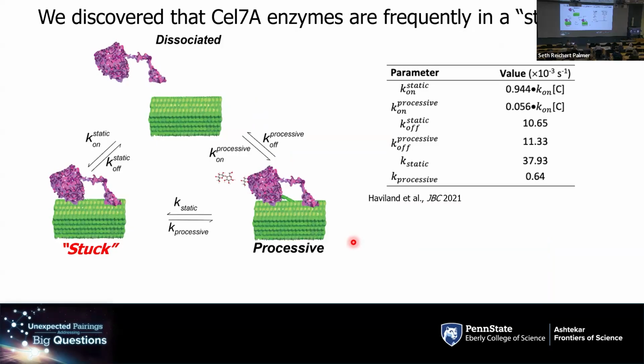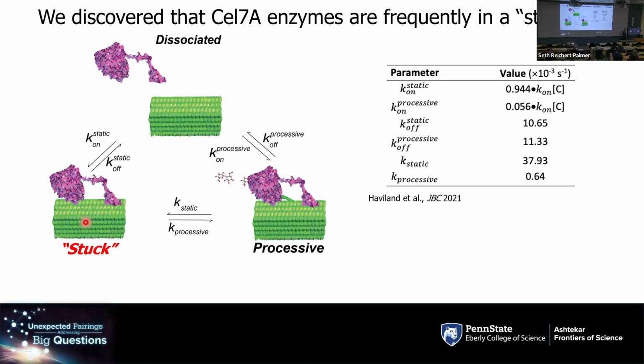They spend a lot of time in what we call the stuck state. By calculating the enzyme kinetics, transitioning between the enzyme in solution, it binding in a stuck state, and it binding in what's called a processive state where it's actively degrading the cellulose, we can see that the propensity is more for the enzyme to be in the stuck state, which is not so wonderful, right?